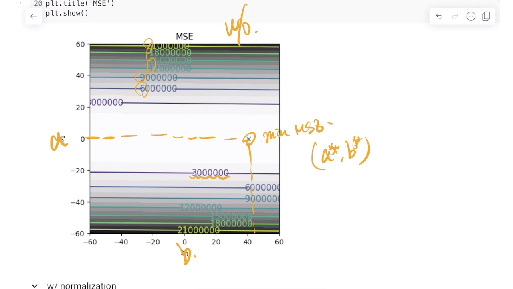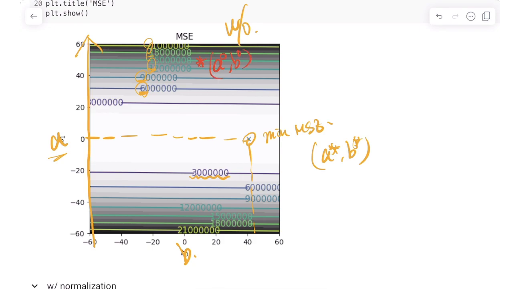The A axis, you can see that the value is quite large, right? It's quite large. So when we perform gradient descent, usually we randomly pick some A0, B0 value as the starting point, right?